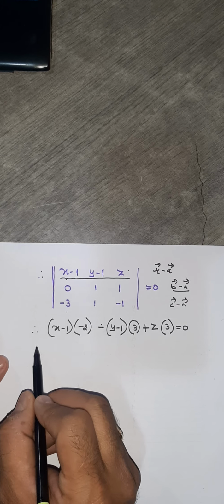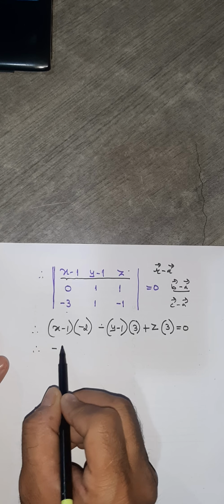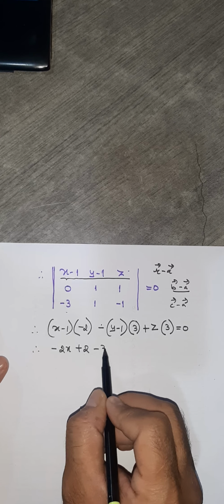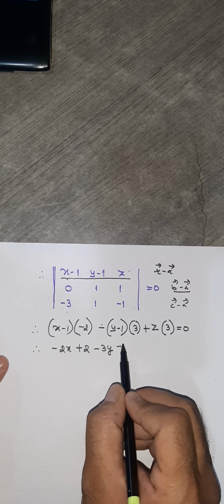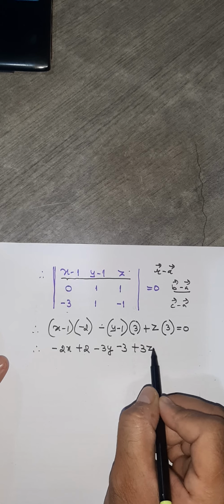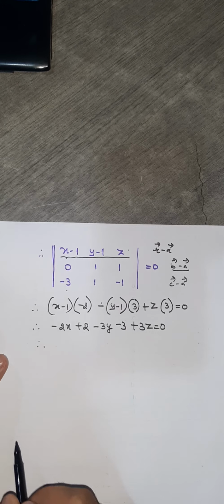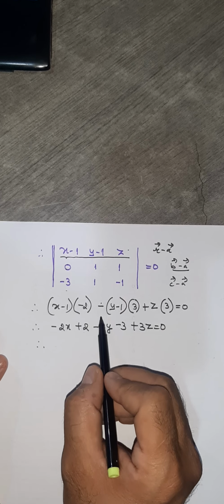So let's simplify this. This is minus 2x plus 2 minus 3y minus 3 plus 3z equals 0.